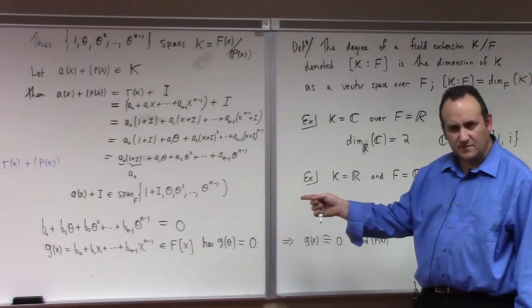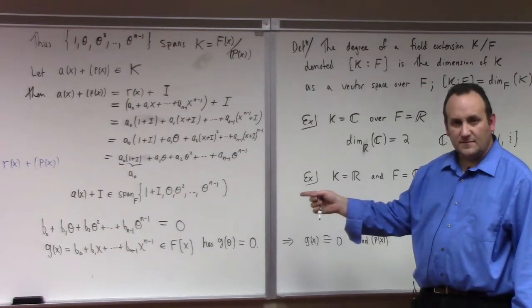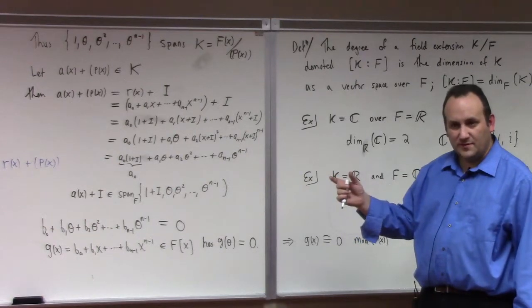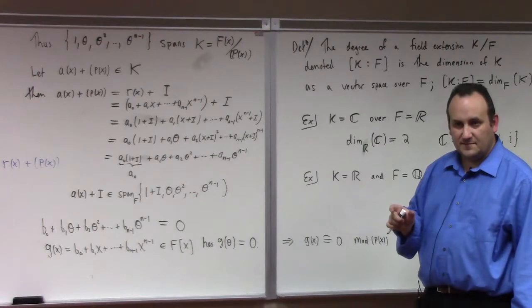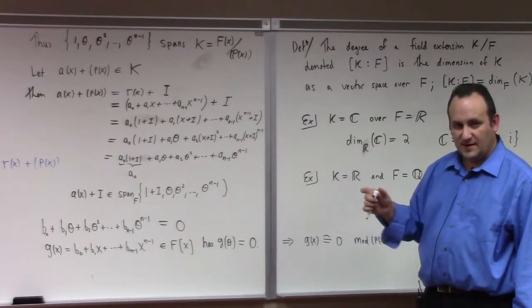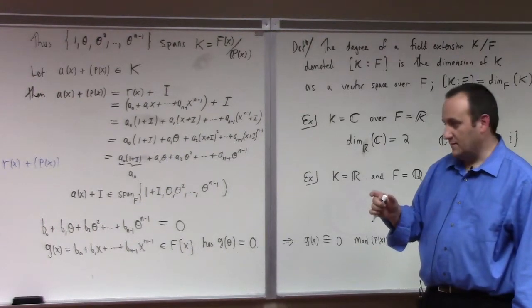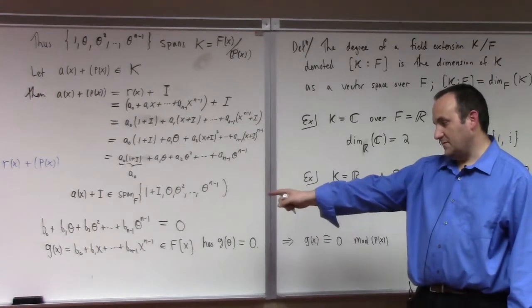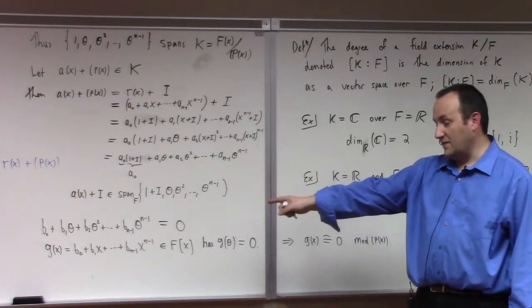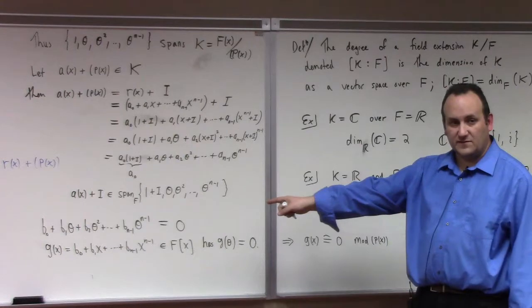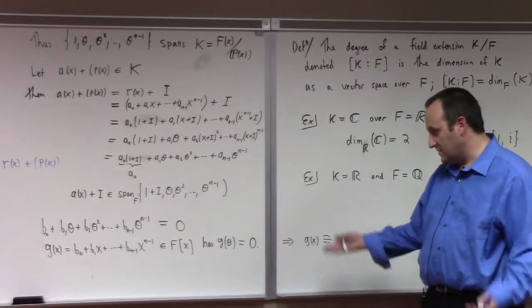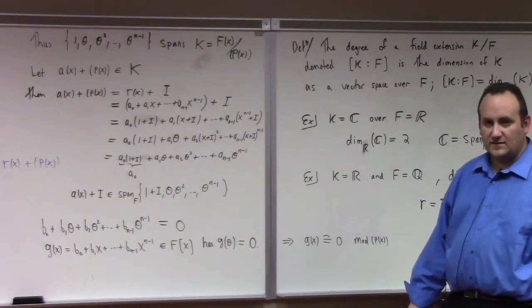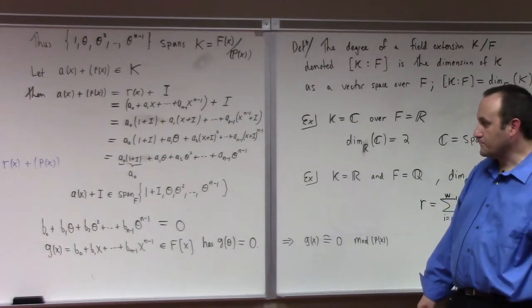Is that possible? Can you have a degree 3 polynomial be a multiple of a degree 4 polynomial? This is not possible. So if g of x was non-zero, we get a contradiction. In other words, it has to be the 0 polynomial, otherwise it doesn't make sense. And so that's the linear independence.